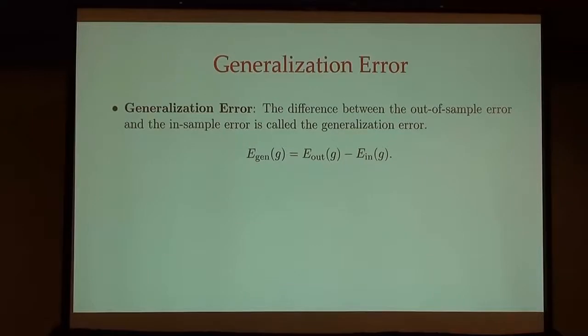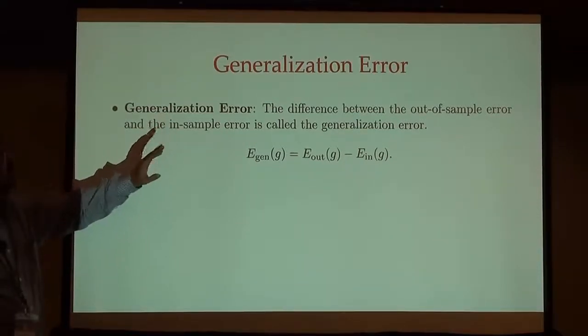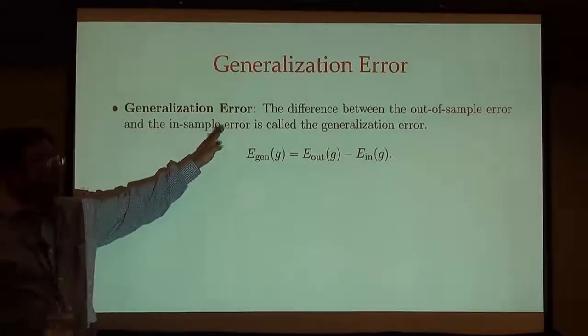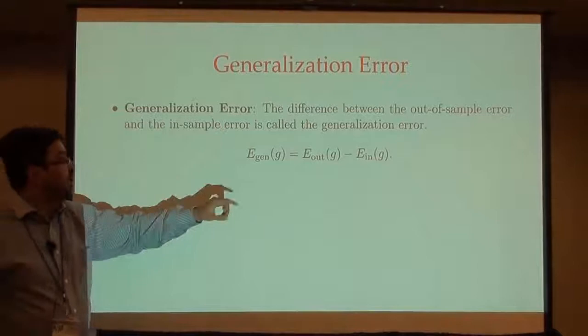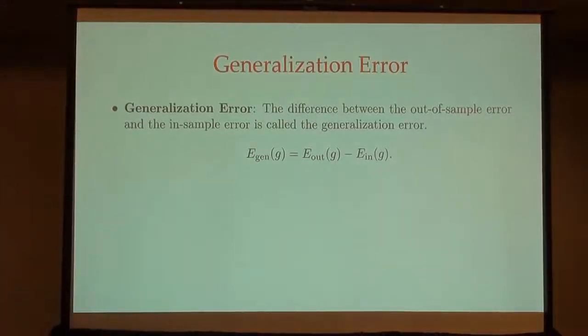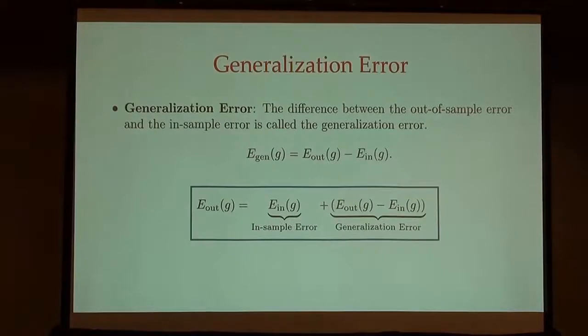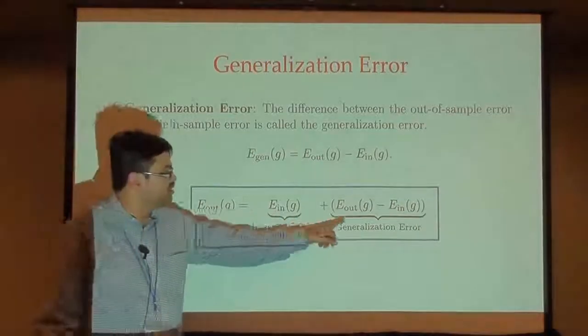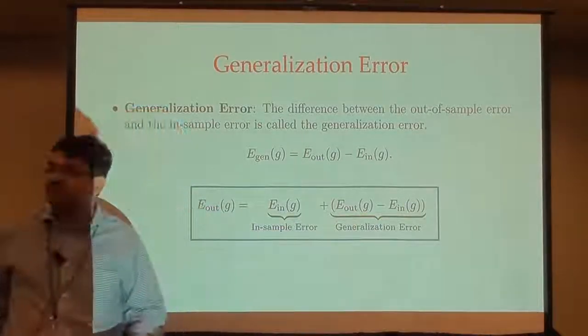So what do they mean there? The formal definition of generalization error is the difference between the out-of-sample error and the in-sample error. Why do we define it this way? Because we want to bound that. So we can say that the out-of-sample error is my in-sample error plus my generalization error.